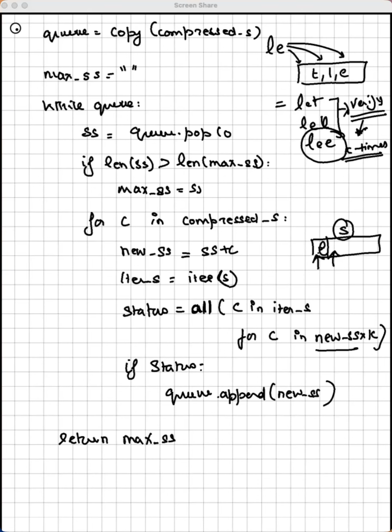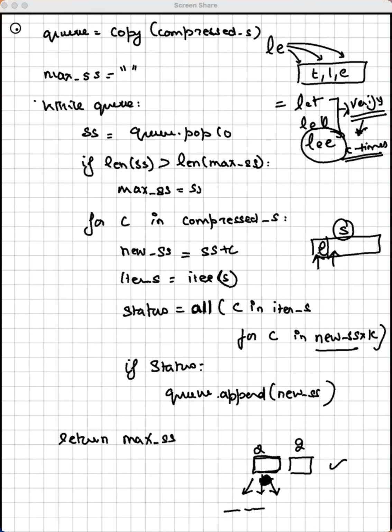So when does this execution stop? Because there is a while loop, when does the queue really get exhausted? Let's say this was a subsequence of length 2, and I was able to verify it. Then I expanded this to a 3-character subsequence.